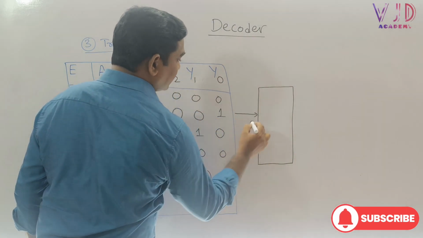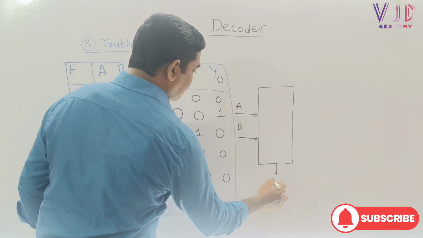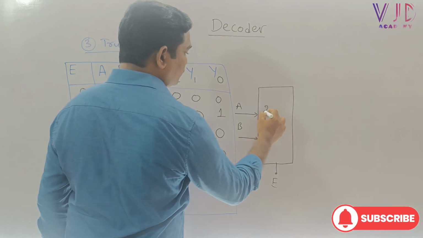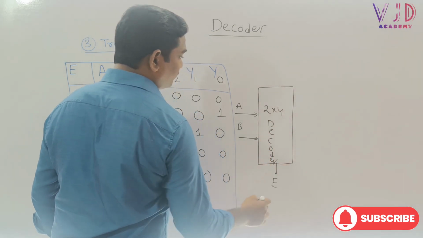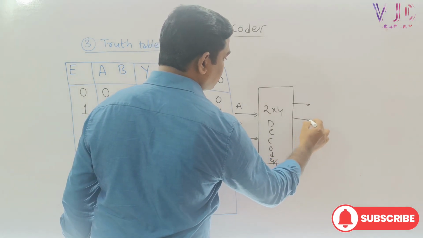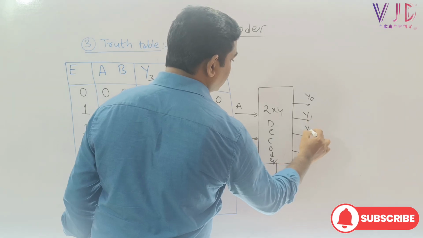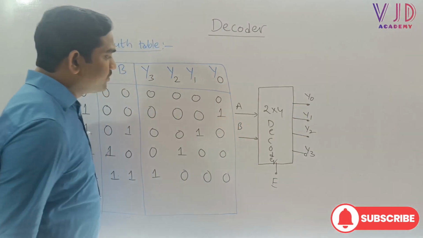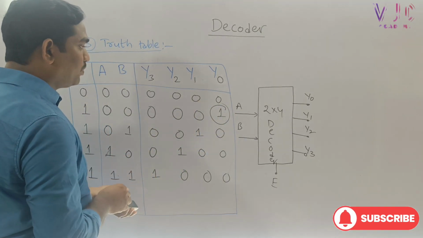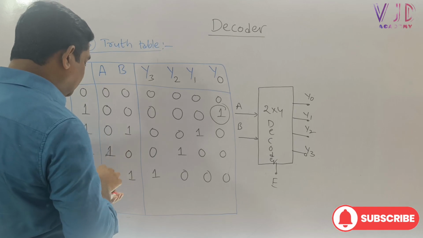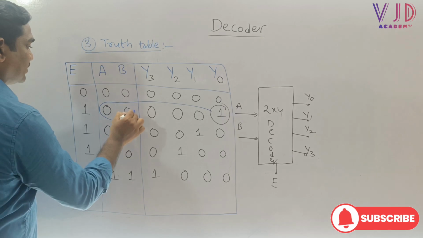Two inputs, we can say A, B, and this is the enable input, and this is a 2 to 4 decoder with outputs Y0, Y1, Y2, Y3. Now can you please tell me what is the output of Y0? The moment output Y0 is enabled, can you tell me the corresponding inputs? These are the two inputs.